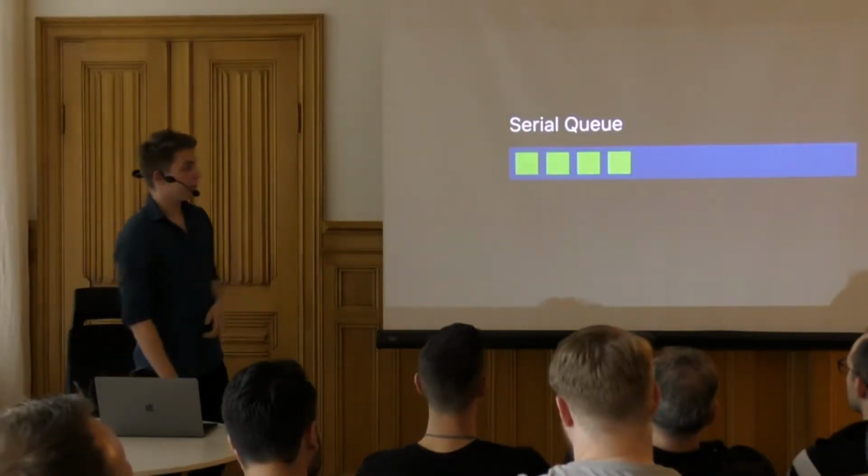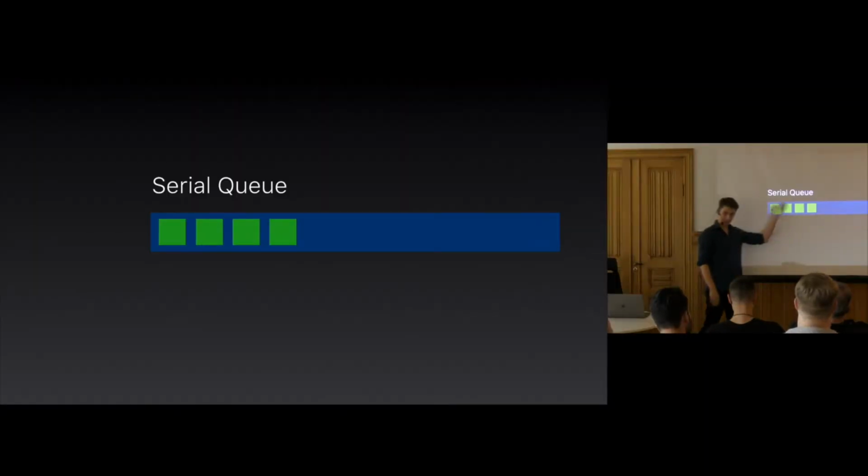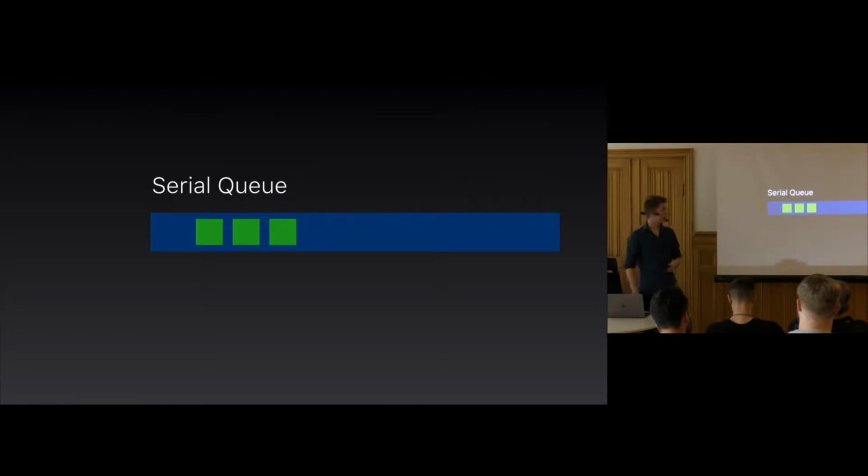To show an example, we are going to start with a serial queue. The blue rectangle represents a queue and the green squares represent some work. In a serial queue, the item at the top of the queue is executed, and nothing really happens until it finishes.